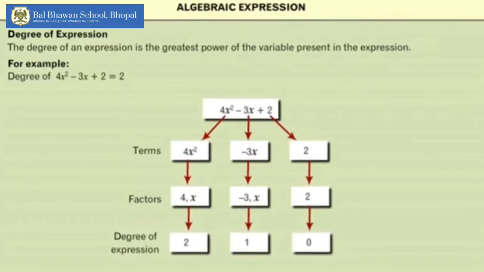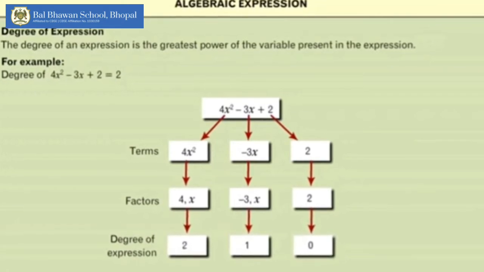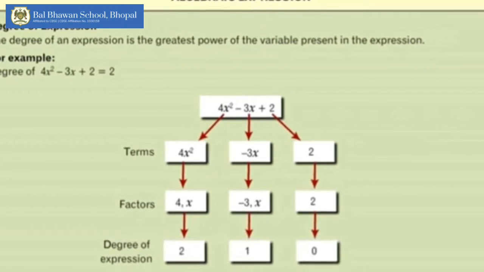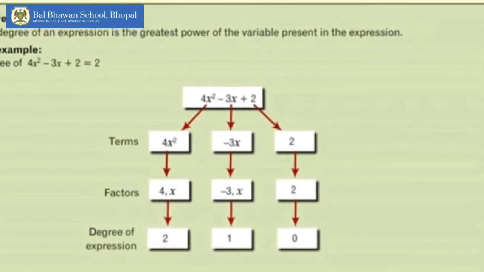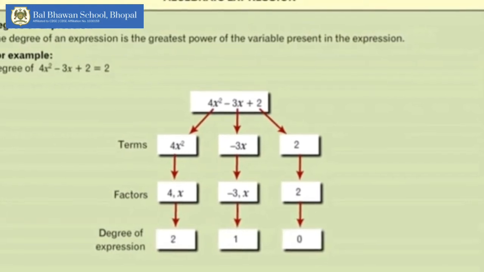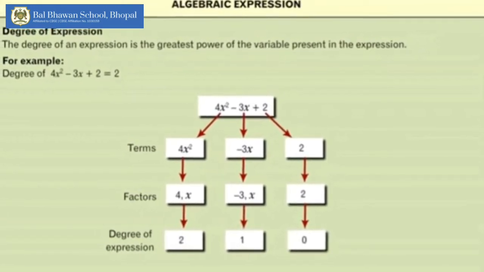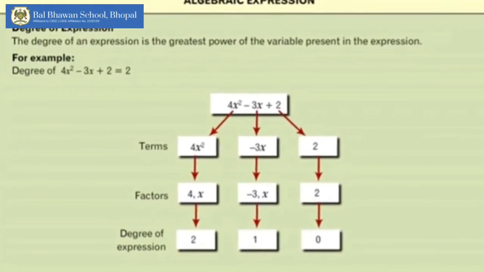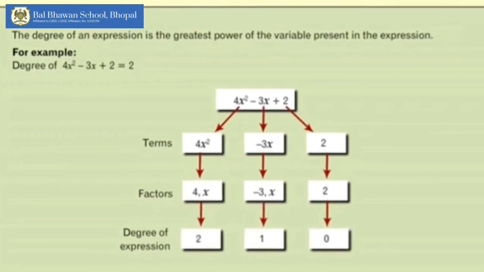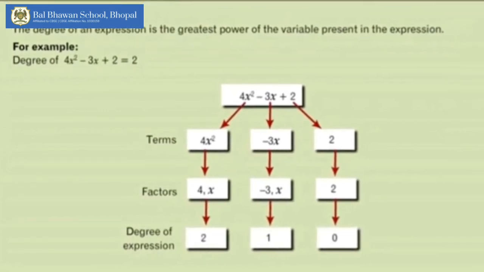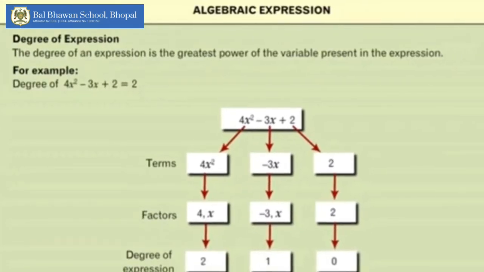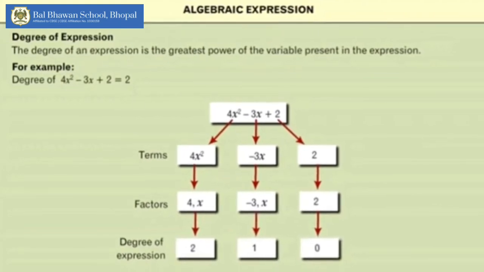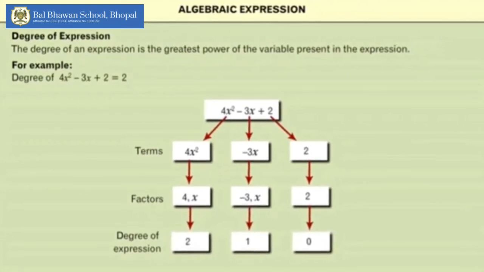Now let us talk about the degree of an expression. Degree of an expression is the greatest power of the variable present in the expression. Let us take an example of 4x square minus 3x plus 2, where we need to find out its degree. I can see over here 4x square, minus 3x and 2 are three terms, whereas factors of 4x square are 4 and x, factors of minus 3x are minus 3 and x, and 2 is 2.